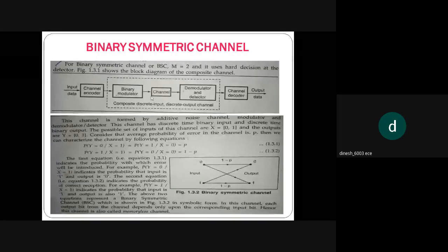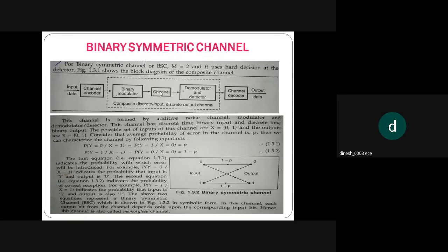I repeat it again. If the output bit from the channel depends only upon the input bit, we call it symmetric. So this channel is called a binary symmetric channel.